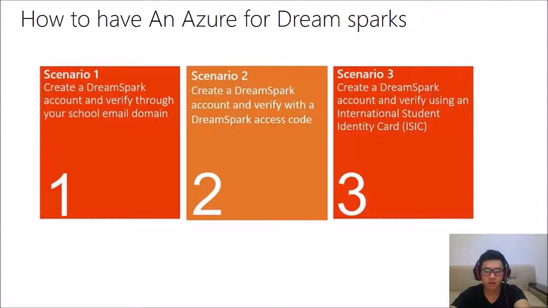Second, if you have a Dreamspark asset code, you just verify that code and access Azure for Dreamspark. And third, you must use an international student identity card to get Dreamspark.